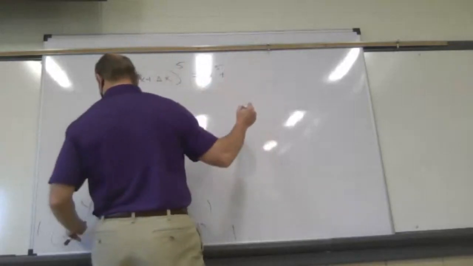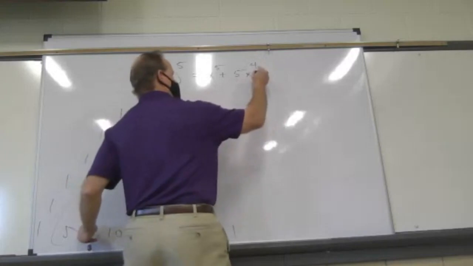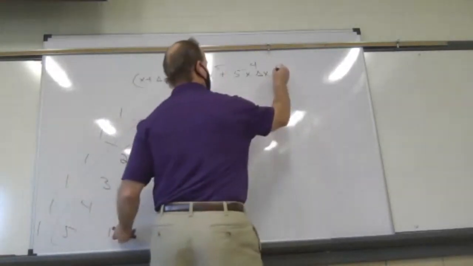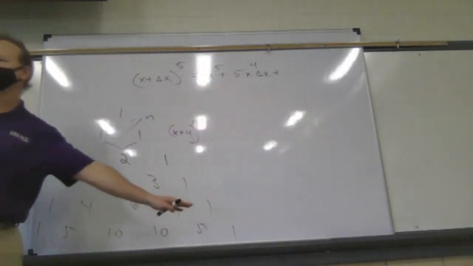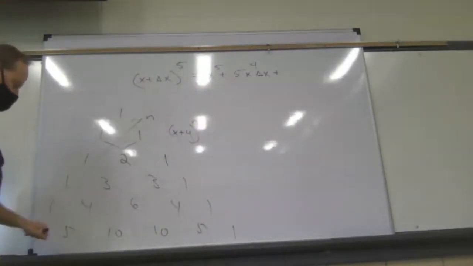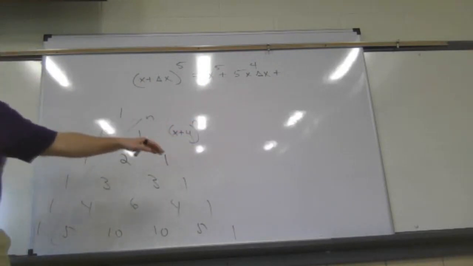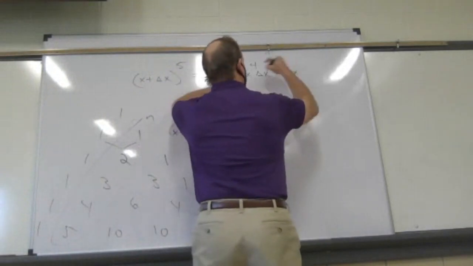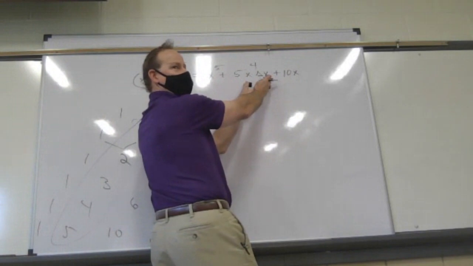All right, so we got 1 and then 5, and then what? x gets 1 less power, x to the 4, and then delta x to the first, which is just delta x. And then the next coefficient is plus, and by the way, everything's positive. Otherwise, it alternates signs here. If that was a minus here, it'd be plus, minus, plus, minus. Anyway, so I got this, and then plus 10, and then x gets 1 less of these powers. The total powers is 5 the whole way.